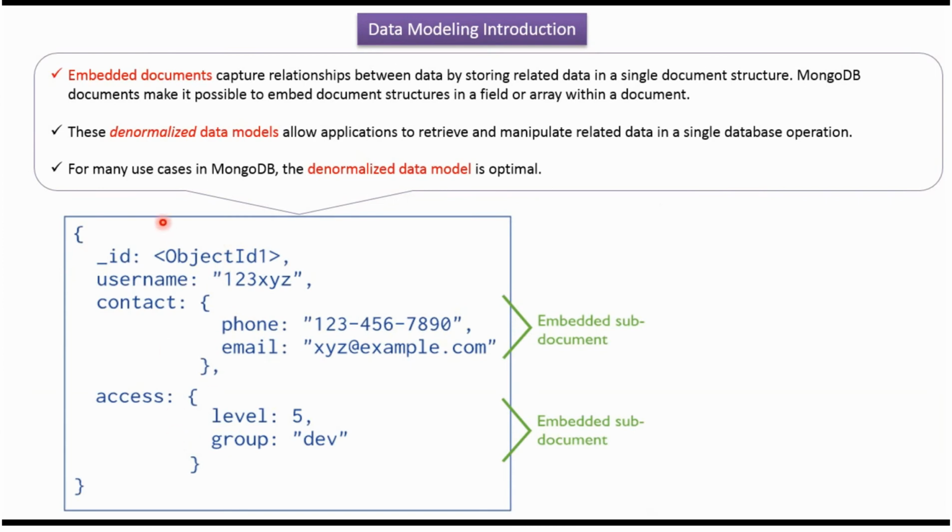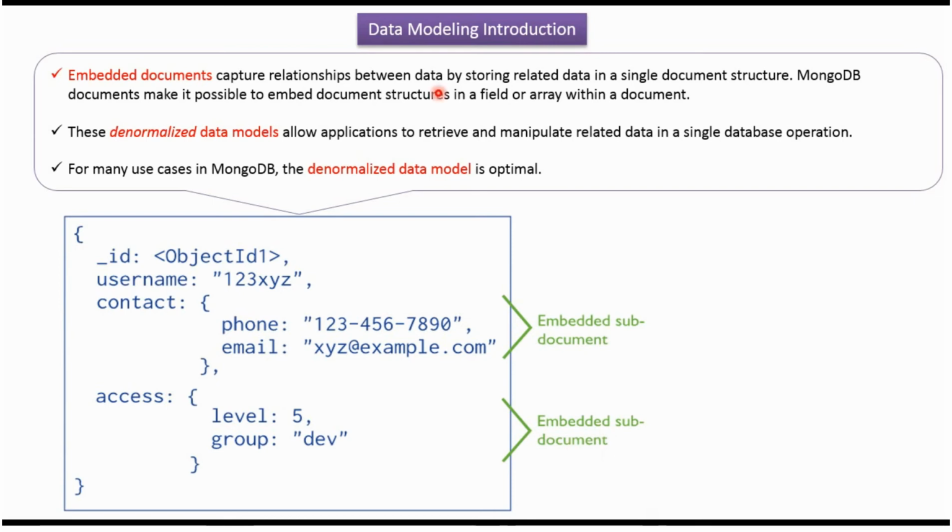This is a user document which contains user-related information, and underscore id is the primary key of the document, and here you can see the username. For this username, the related contact information and access information are put in the same document, and this contact information is an embedded subdocument, and this access information is an embedded subdocument.